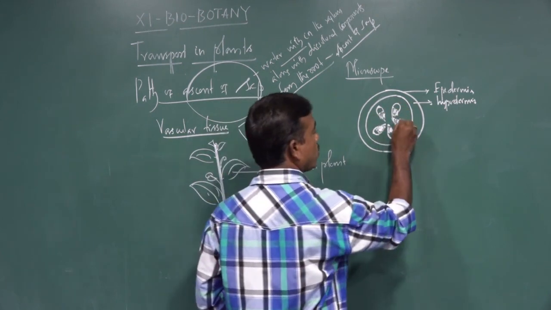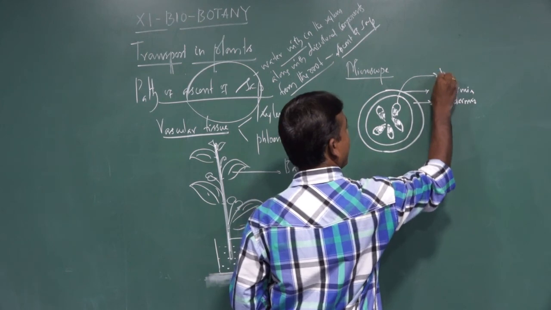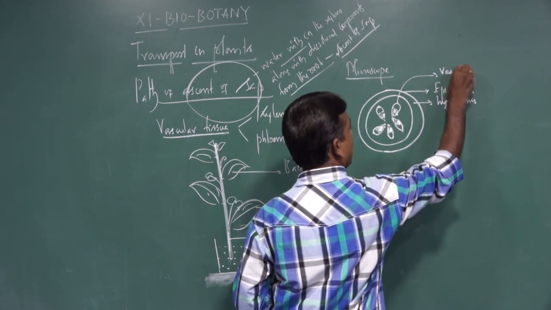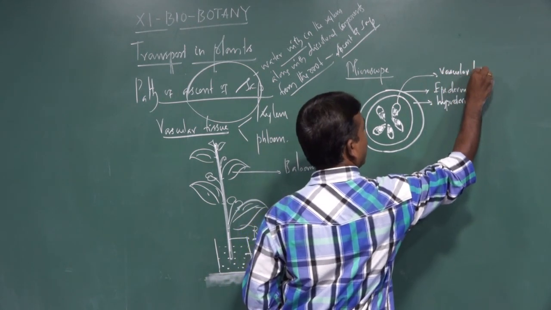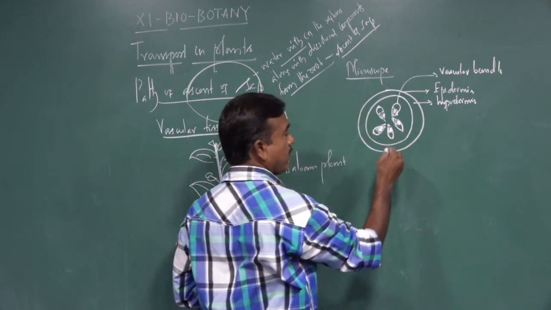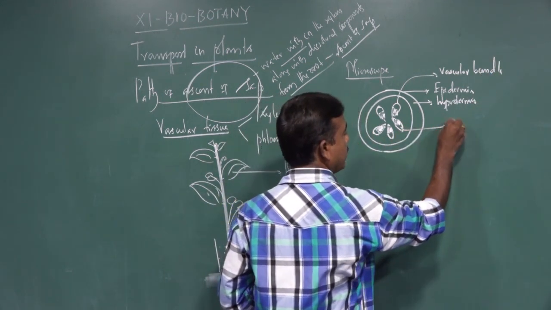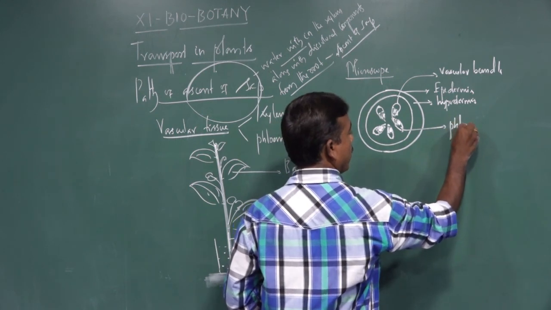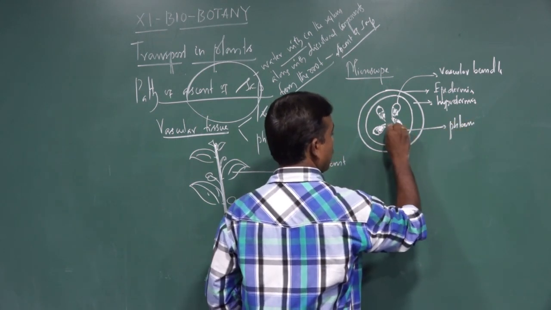This is the vascular bundle. Among the vascular bundle, this is phloem and this is xylem.